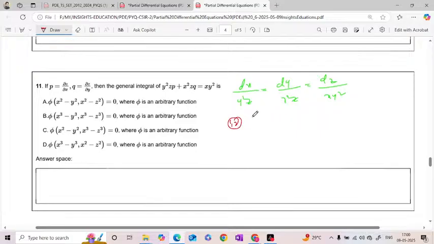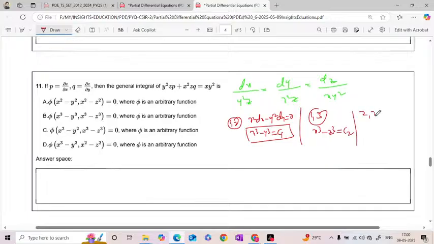z cancels. x square dx minus y square dy, so x cube by y cube. It comes like this. Everything comes in x cube. Similarly, 1 and 3 gives x cube minus z cube. 2 and 3 gives the answer y cube minus z cube is equal to constant, or similarly y cube minus x cube is equal to constant.